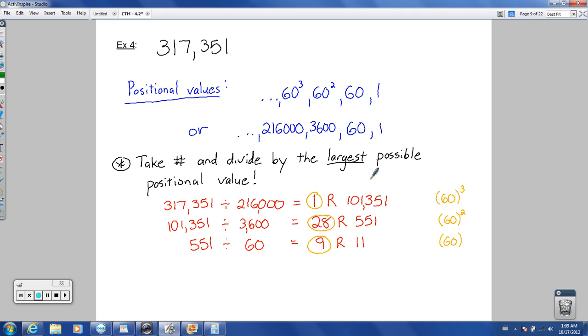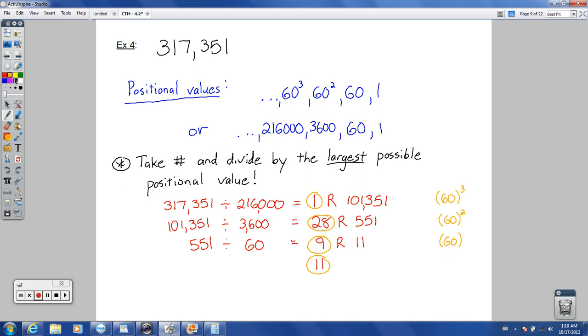And I don't need to divide 11 by 1. I know what that's going to be. It's just going to be 11. So my final thing there is going to be an 11 for my last positional value. I guess I don't really need that equal sign there either. I'll erase that. Okay, so these numbers right here are my most important numbers to finish this problem off.